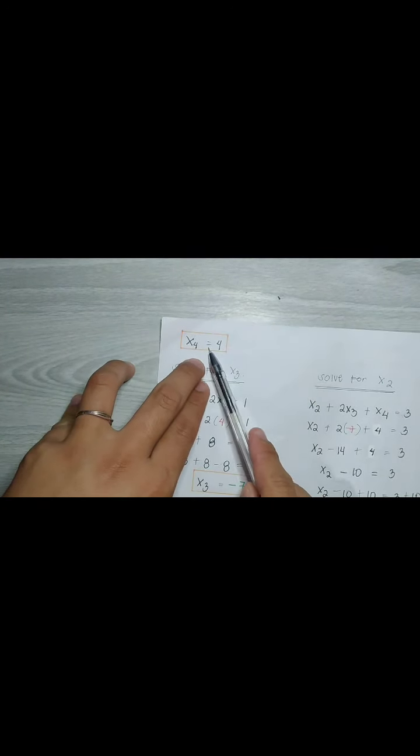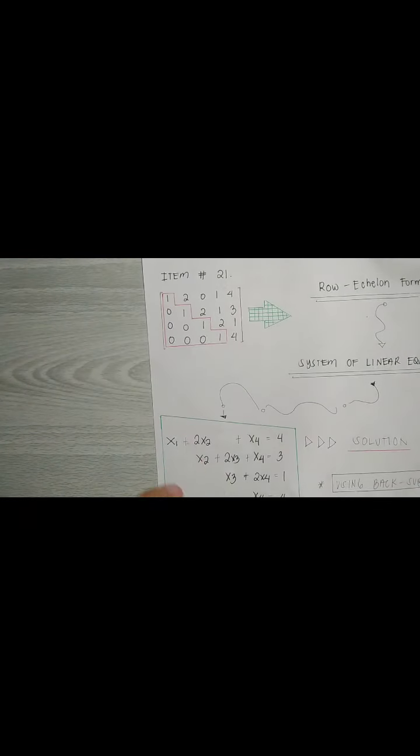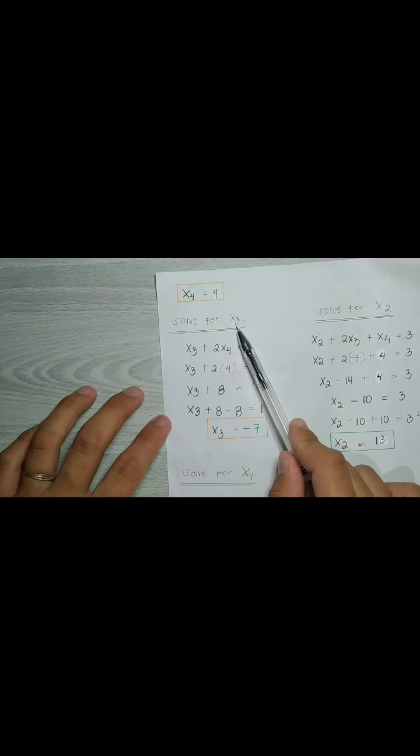To find the solution set, we need to use back substitution. And this is the solution that I made. First, we can see x4 is equal to 4 because in the system of linear equations, x4 is equal to 4, and you can use this equation to find x3.